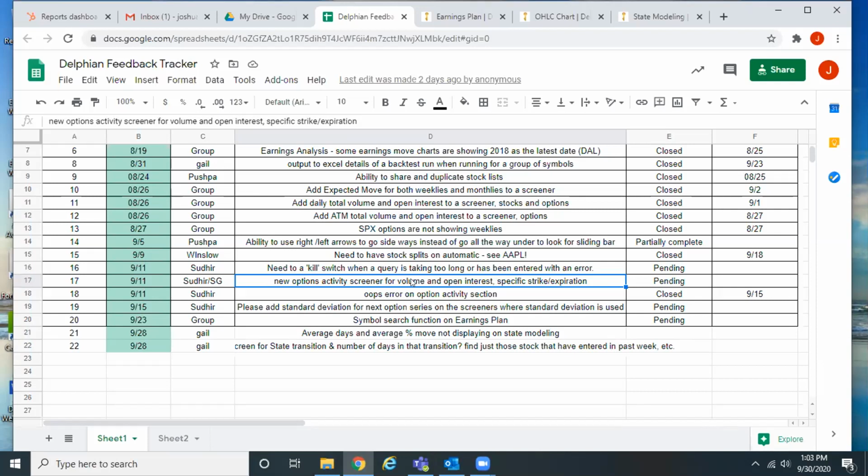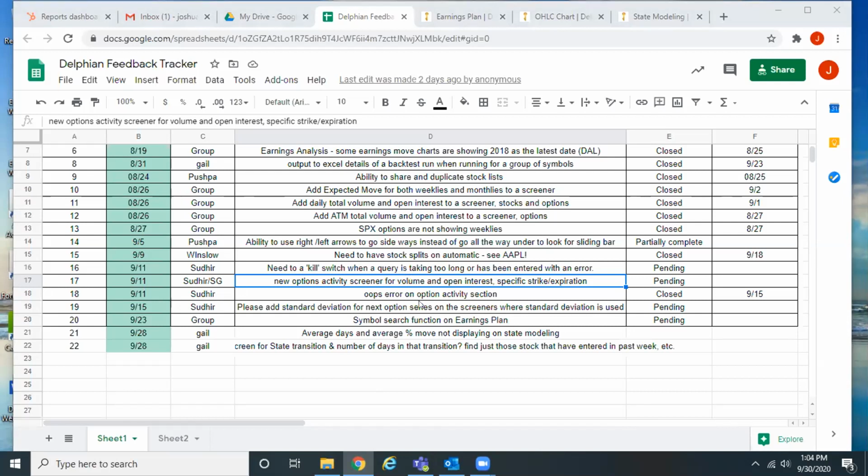Right now we let people know, cumulatively, that Tesla has a high open interest compared to normal. When this is done, it will have specific strikes and expirations where there's a huge change in open interest or volume, kind of like, if you watch that CNBC halftime show where they're talking about things like that. That'll be automatically scanned in the system when that's done.